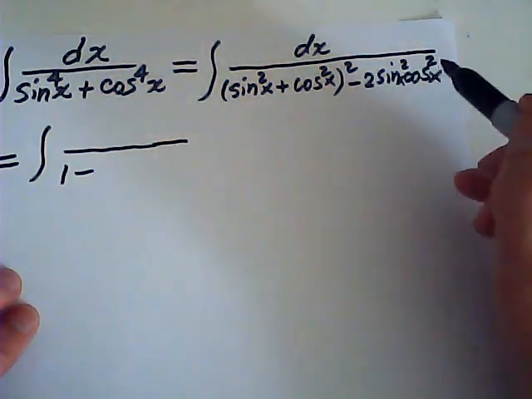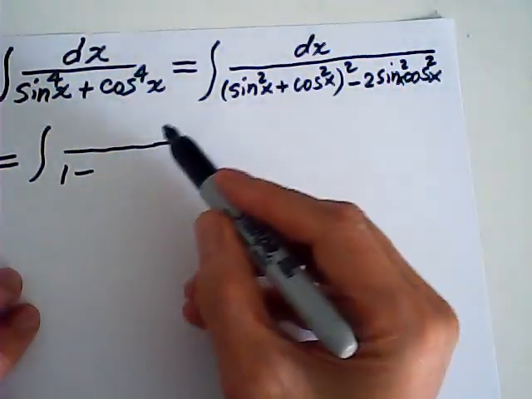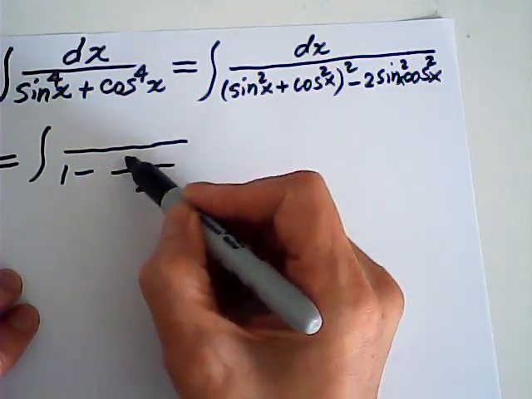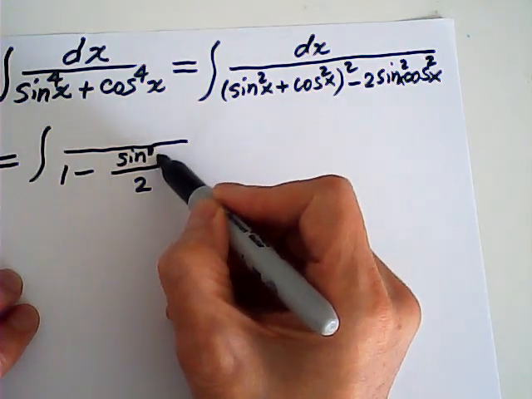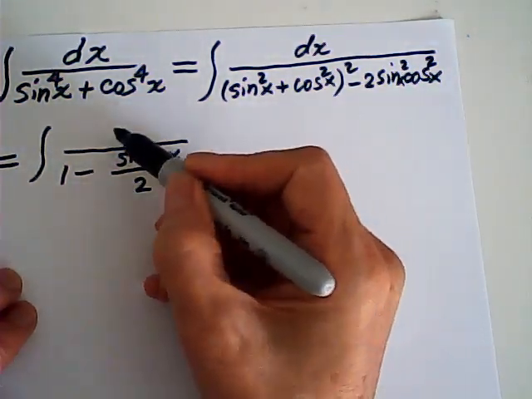Sine x cosine x is half the sine 2x. Therefore, after squaring it becomes half sine square 2x, dx.